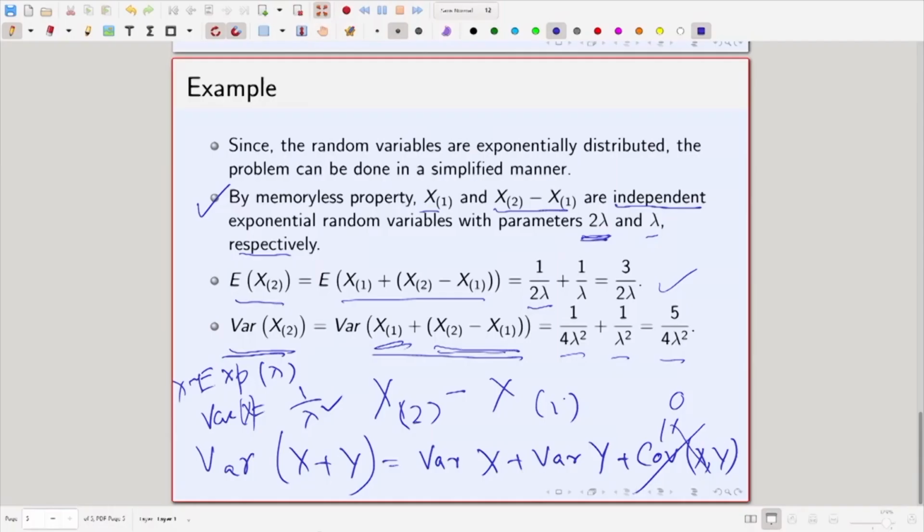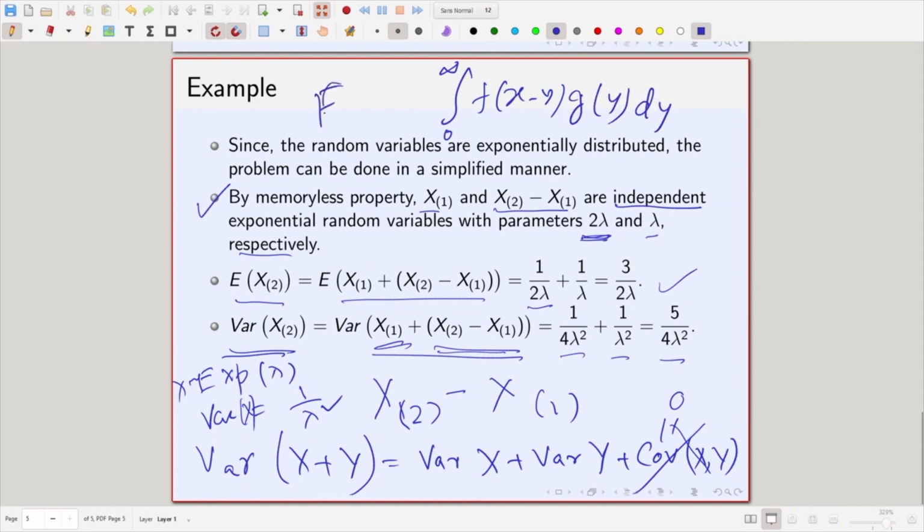You remember that if x and y are two independent continuous random variables having density functions f and g, then you have this convolution formula. The density of the sum is given by the integration from 0 to infinity of f of x minus y times g of y dy, provided x and y are independent.